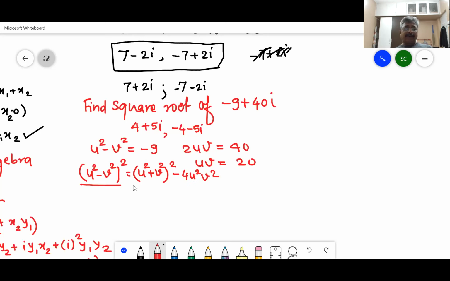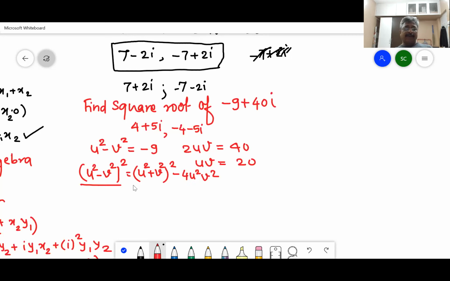So we will be able to solve a quadratic equation to get the roots. So now this is 81 is equal to u square plus v square bracket square minus 4 times 400. Is that correct?